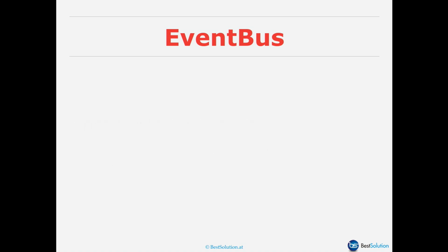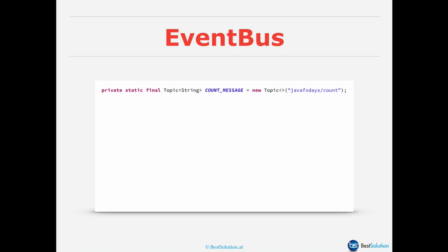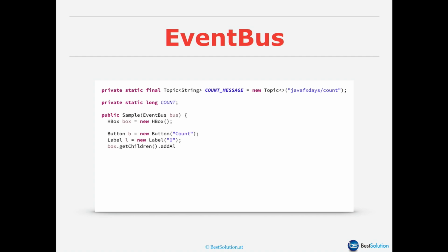So what we have is, the first thing you need to define is a topic. And this topic is typed. So over this topic, I can only send a string. I cannot send a number. I cannot send a date. It's typed to string. So when I have my sample and want to publish information on this event bus, I call publish, then the topic, and then the value I want to publish, which has to be a string.